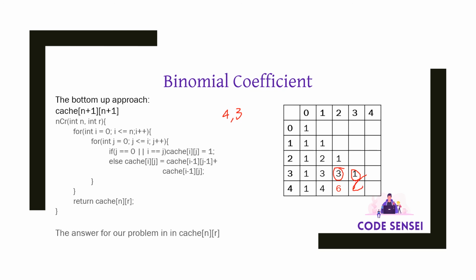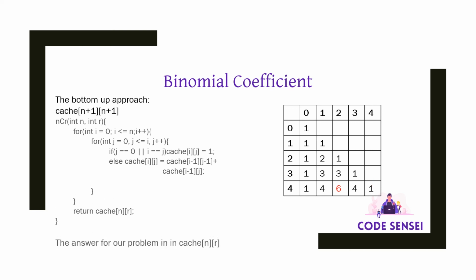And then finally, 4 comma 4 is nothing but the base case, so the value will be 1. And thus we have completed our table, and we have to return the value of n comma r as the result. The value of n comma r here is nothing but the value of 6. So 6 is our answer.